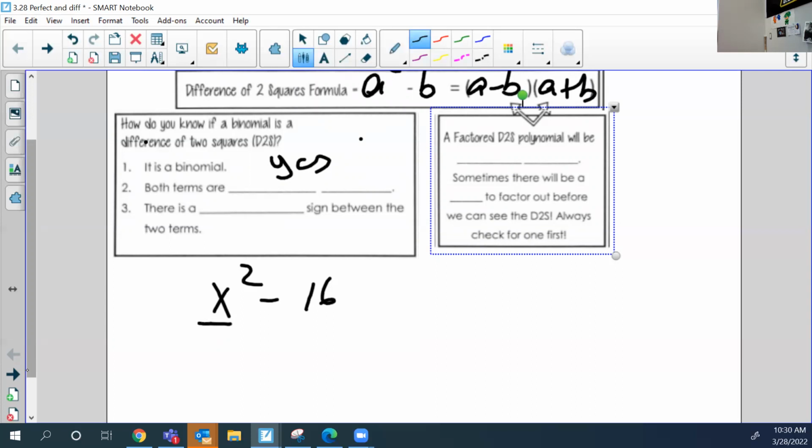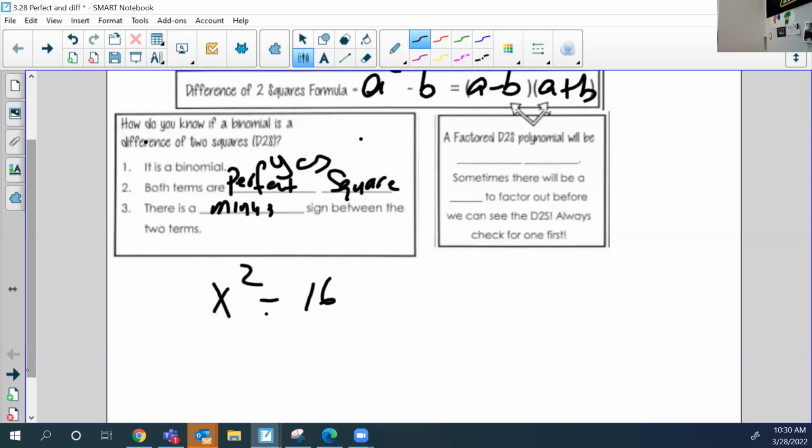Well, the first term is a perfect square because it's x times x. And 16 is a perfect square. So yes, both terms are perfect squares. And then is there a minus sign between the terms? Yes, there's a minus sign between terms right here. So all 3 checks are yes.